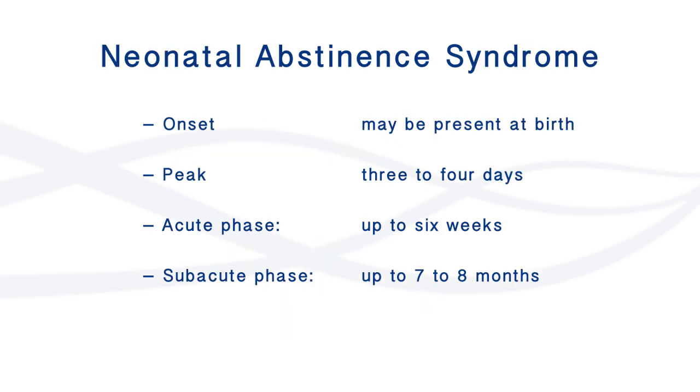So what does neonatal abstinence syndrome look like? The onset can be at birth, depending on when the woman last used an opiate and what the dose was.